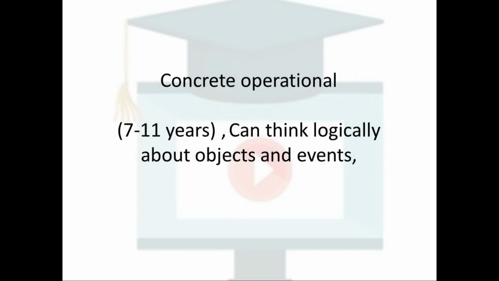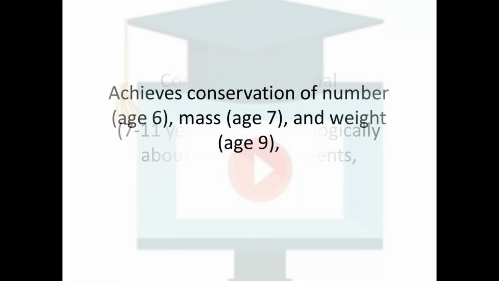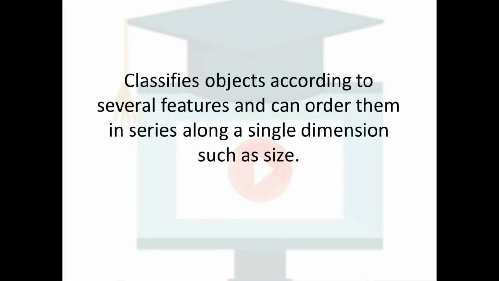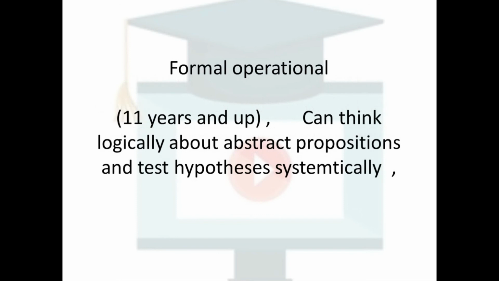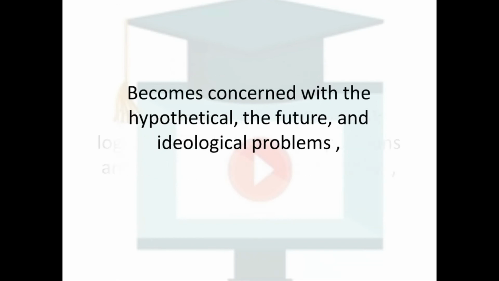Concrete operational, 7-11 years, can think logically about objects and events, achieves conservation of number age 6, mass age 7, and weight age 9, classifies objects according to several features, and can order them in series along a single dimension such as size. Formal operational, 11 years and up, can think logically about abstract propositions and test hypotheses systematically, becomes concerned with the hypothetical, the future, and ideological problems.